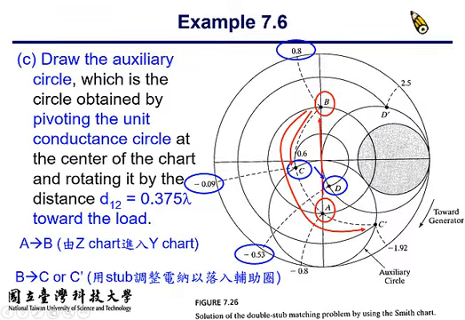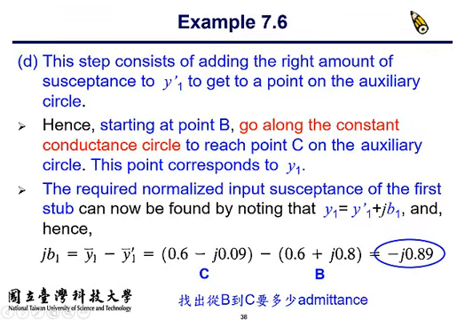So let's check out the value, okay? So in this slide, you see the JB1 value necessary to move from point B to point C is minus J.89.